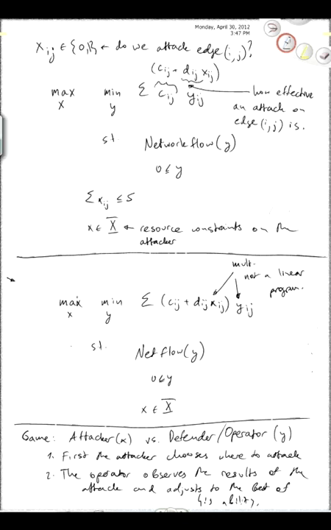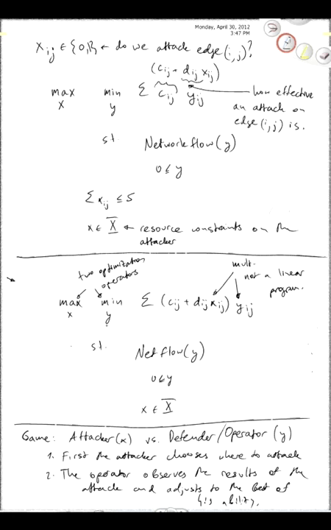But another thing that's also worrying us a lot is the fact that this program actually has two optimization operators. Some of the variables are trying to maximize, while others are trying to minimize. And there really isn't a solver.